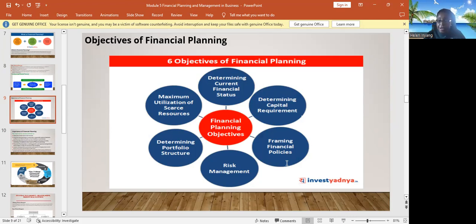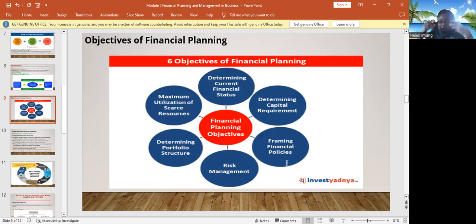You can't avoid it. It must surely come in one way or the other as far as business is concerned, especially for those in agricultural production. You know, agriculture is characterized by a lot of risks. You can't do without it. You must be able to strategize ways of managing it through your financial planning.